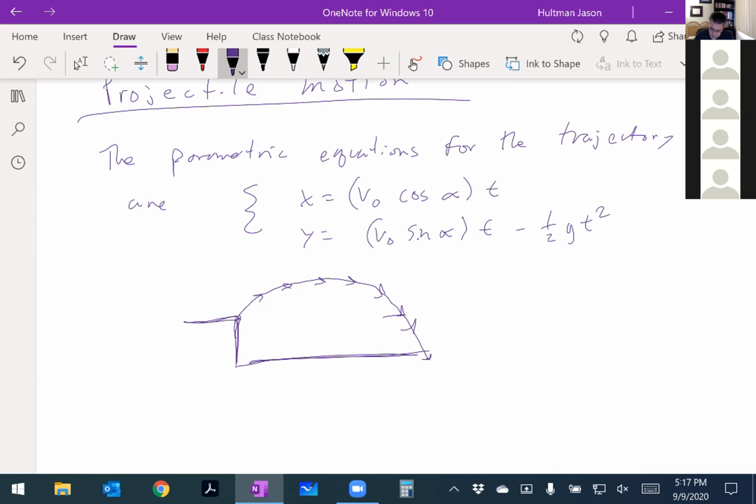We're going to release it with some initial velocity at some sort of angle alpha. So this will be v naught at angle alpha, and then it'll fly through the air and crash land at some other point.